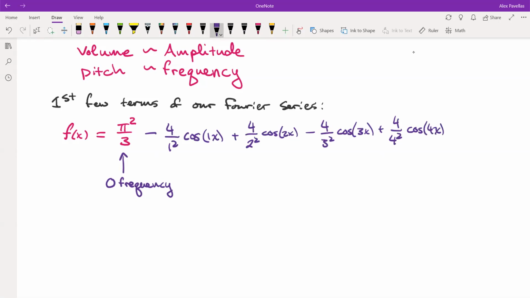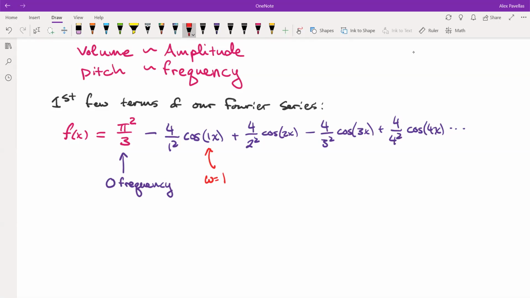And we could keep going as far as we please. But the idea is that we think of our quote unquote sound wave as a whole bunch of different sine waves, pure tones, added up. Ignoring the minus sign, we'll just take the absolute value of the coefficients. So at a frequency of 1, well, it's angular frequency, omega equals 1, we've got an amplitude of 4.